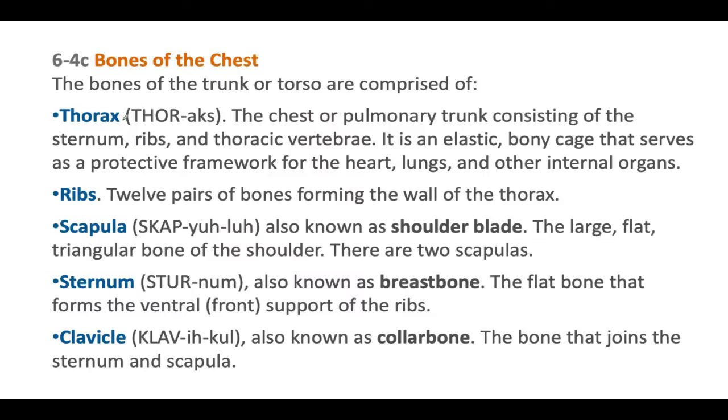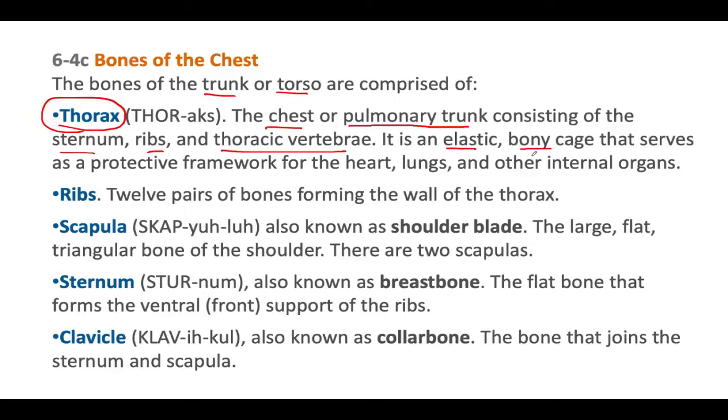Okay, so what are the bones of the trunk or the torso? That's first of all thoracic, which is the chest or pulmonary trunk, and this consists of the sternum, ribs, and the thoracic vertebrae. And so this is an elastic bony cage.